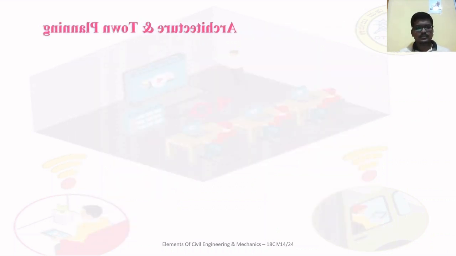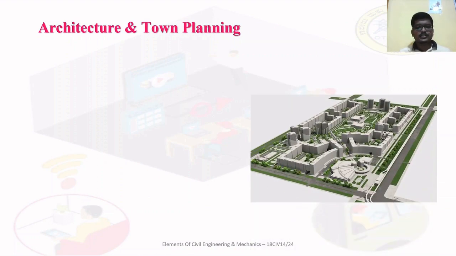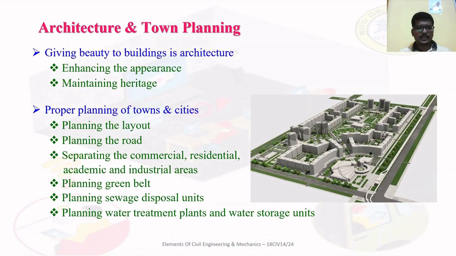First of all, architecture and town planning. Architecture mainly deals with the beauty of a building. Giving beauty to buildings is architecture, which enhances the appearance and also maintains the heritage. Town planning is the proper planning of towns and cities.